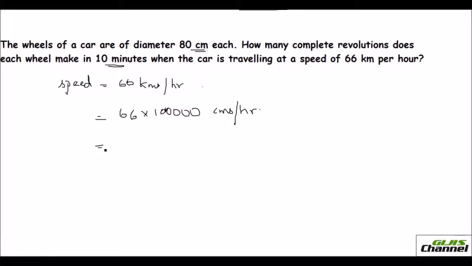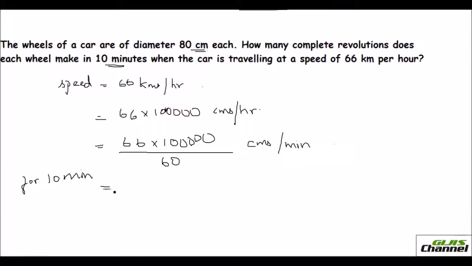So what I do is, first let me convert the hours into minutes. You will have to divide by 60. So this much centimeters per minute. So this is for 1 minute. We need it for 10 minutes.